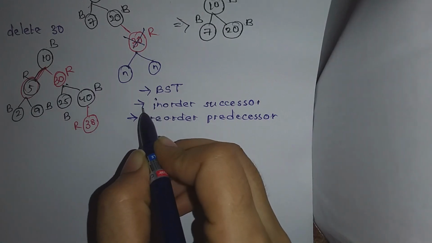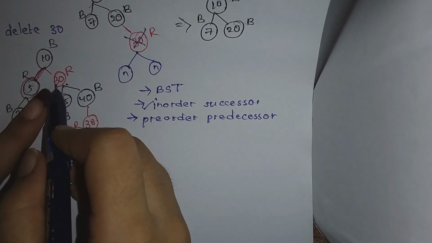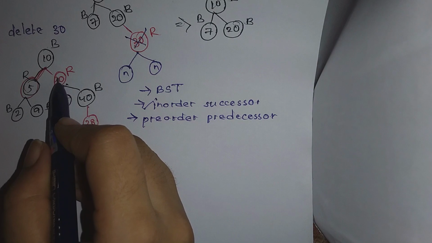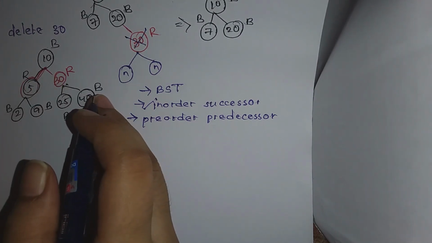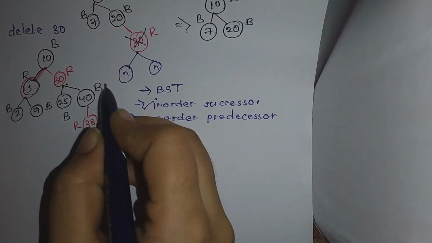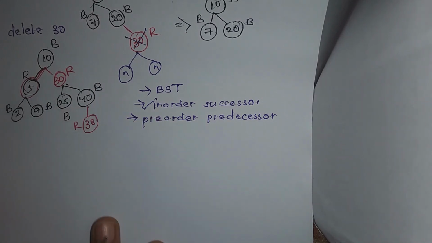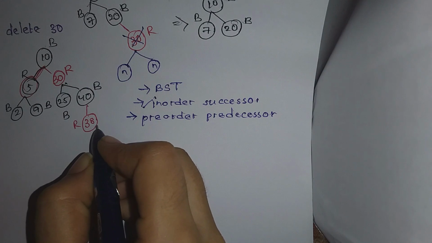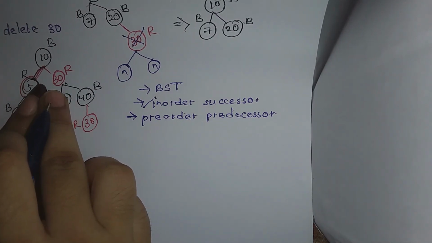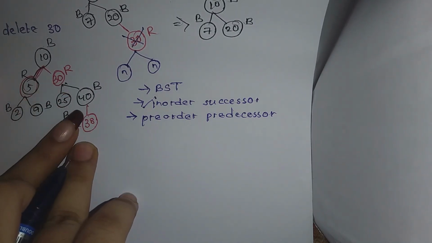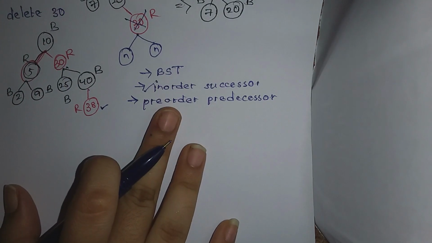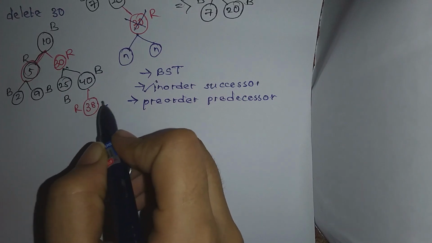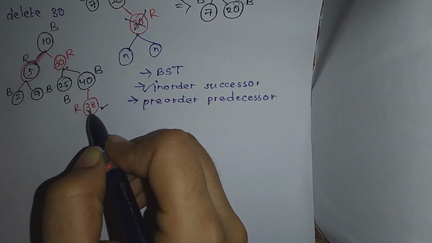What is the value of the in order successor? We need to go to the right of the element that has to be deleted, so the right of the 30th element, and consider the smallest element there, which is 38. What we have to do is swap the values, not delete. We have to swap the values.